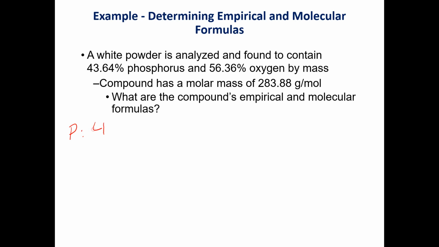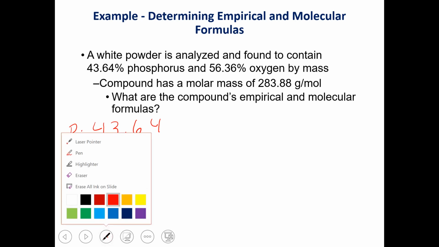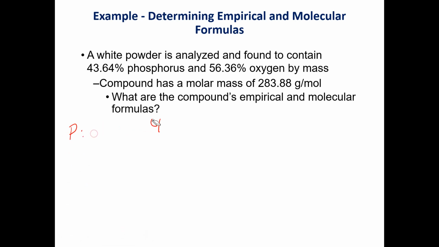So 43.64% phosphorus becomes 43.64 grams of phosphorus.